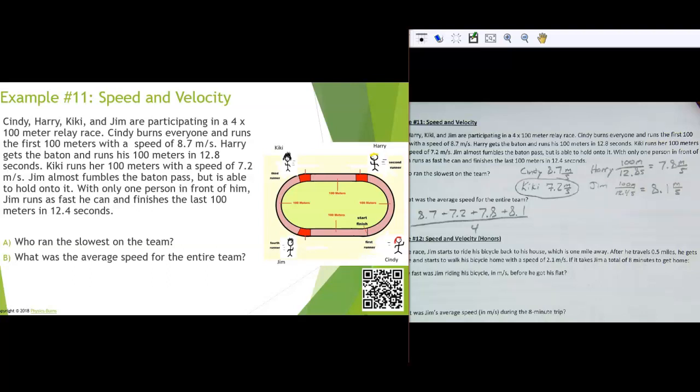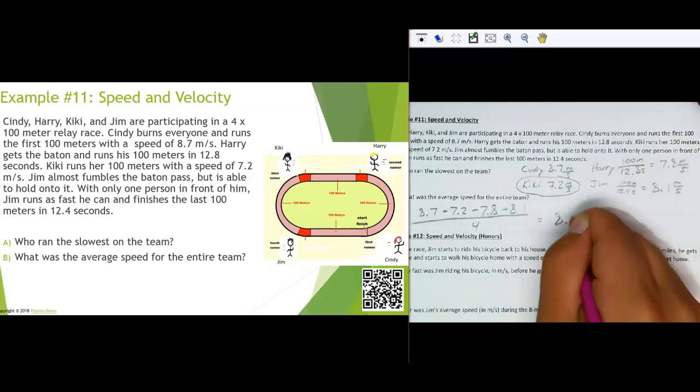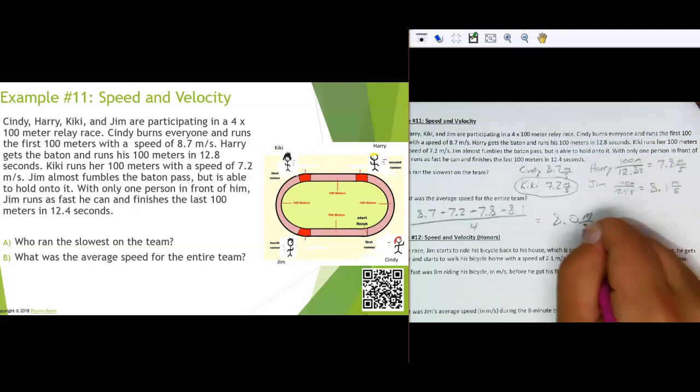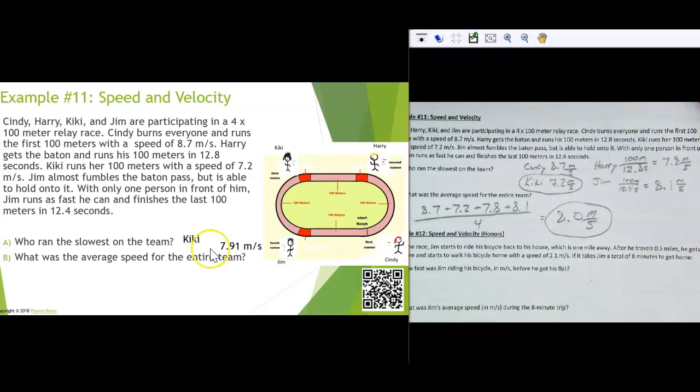I got an answer of 7.95, which is going to round up to 8.0 meters per second as the average. And last but not least, we have one last question.